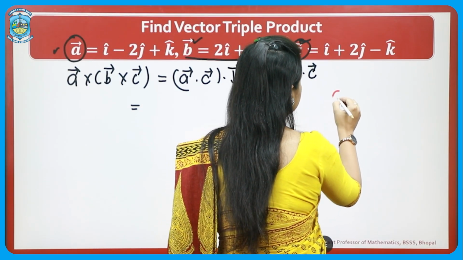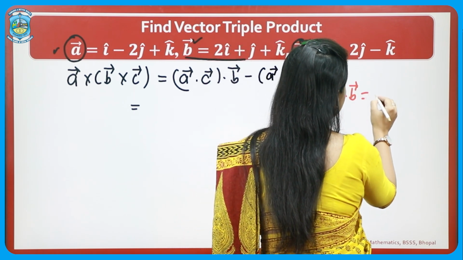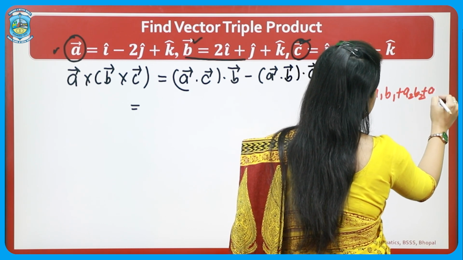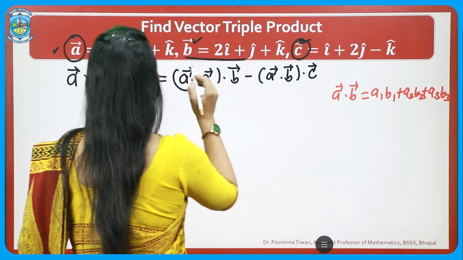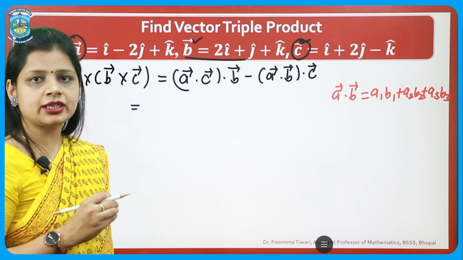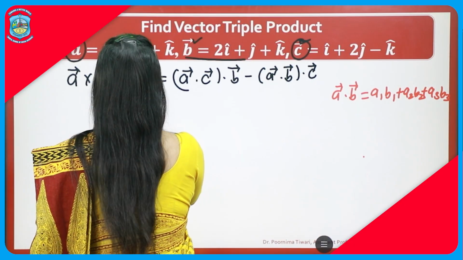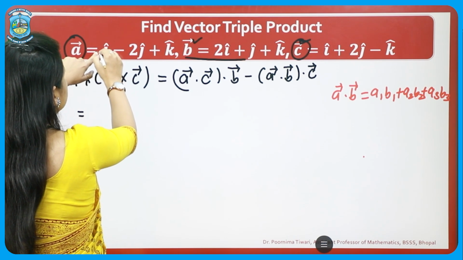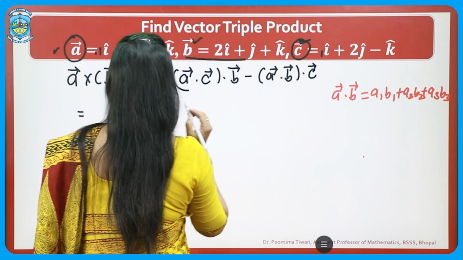Now, just recall that the dot product of two vectors A, B is given by A1 B1 plus A2 B2 plus A3 B3. That means, if we calculate the dot product of A and C, this should be A1 C1 plus A2 C2 plus A3 C3. Here, the value of A1 is 1 and the value of C1 is also 1.